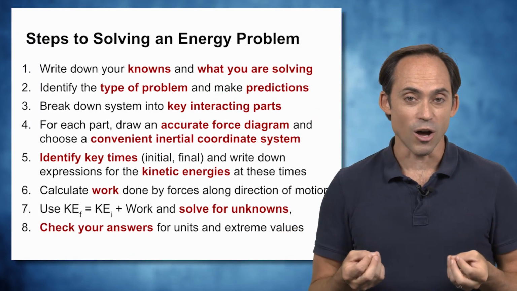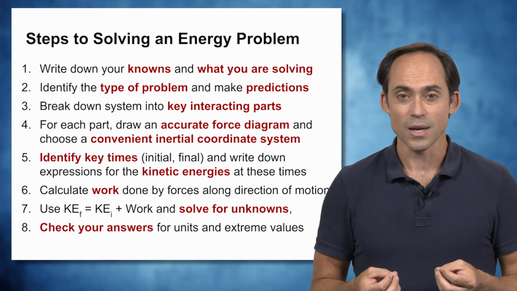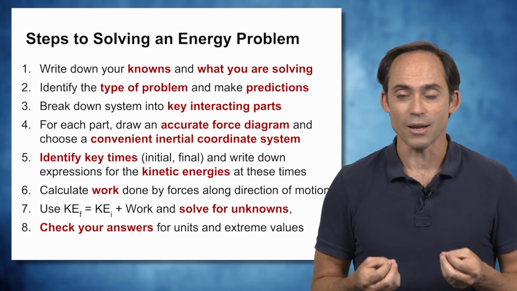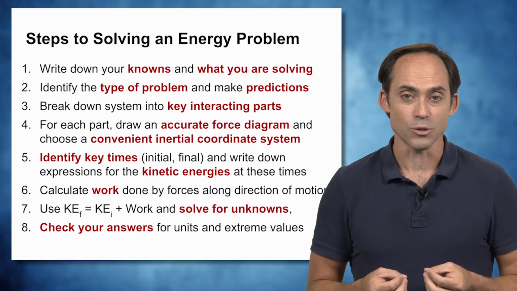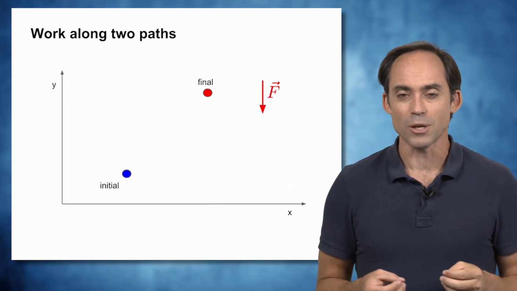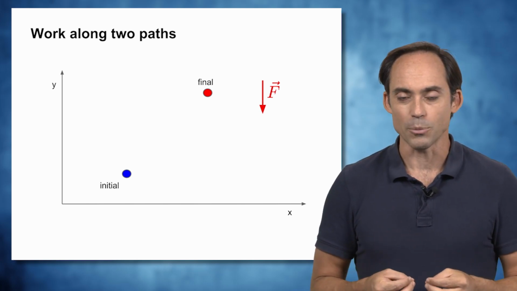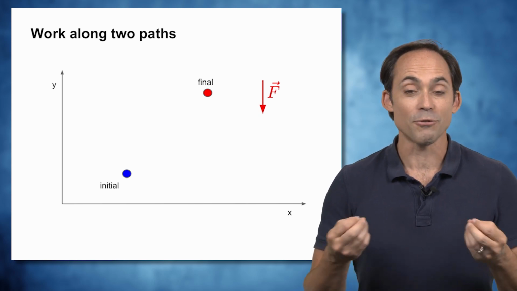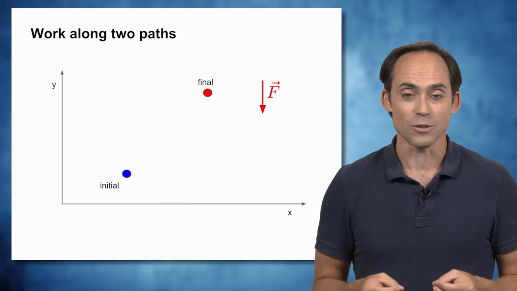Now it will involve solving this integral or calculating the work itself, but we'll see there's actually some cases where that integral is very easy to do because it doesn't actually depend on the path that the object follows. Now, to illustrate this, let's just take a simple two-dimensional space and consider 2 points along the space, an initial point and a final point, and assume that we have a force that's acting in the negative y direction in this particular space.